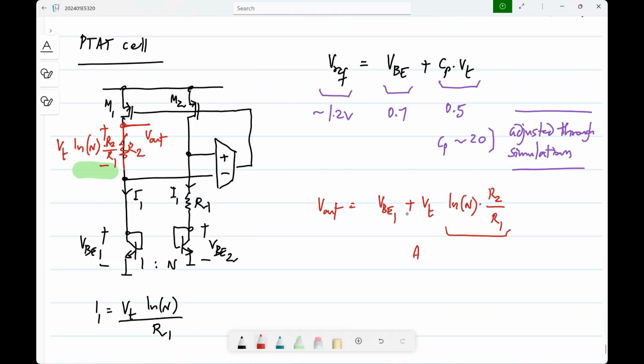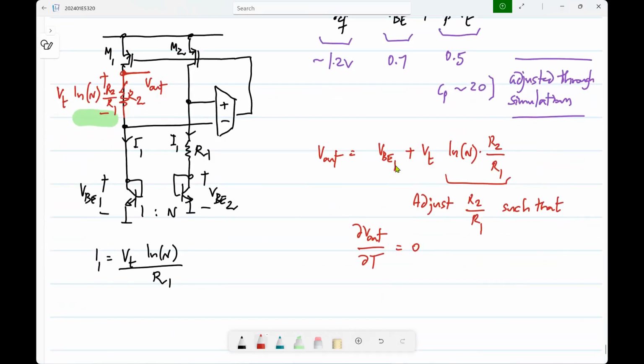Okay. So all I need to do is adjust R2 by R1 such that this sensitivity with respect to temperature is 0 in the middle of the range. Let's say at 50 degrees Celsius for 0 to 100 degrees Celsius range. If the range is different, of course, you choose a different place to fix that. Okay.